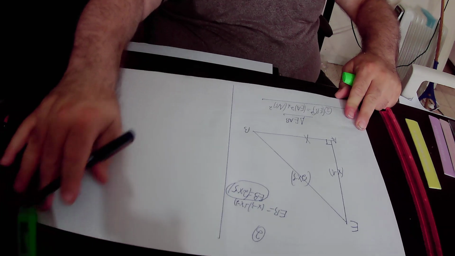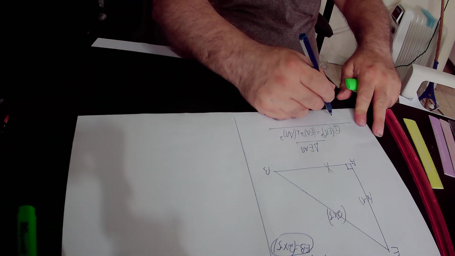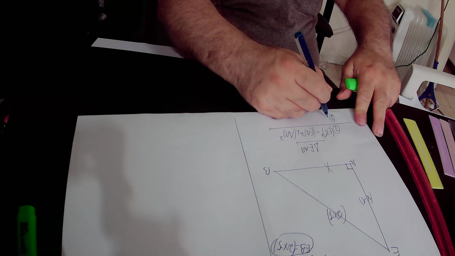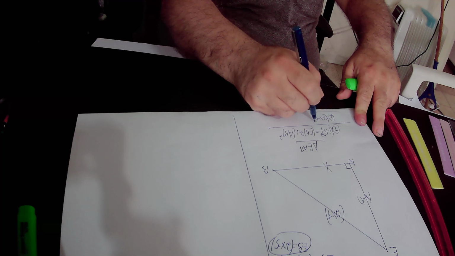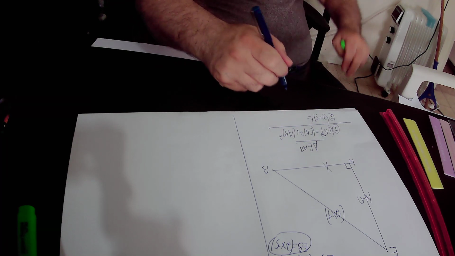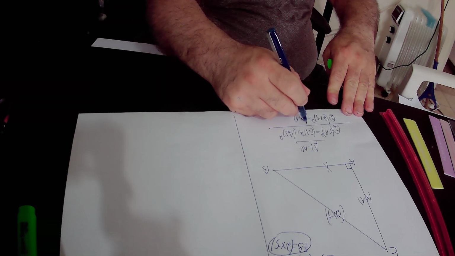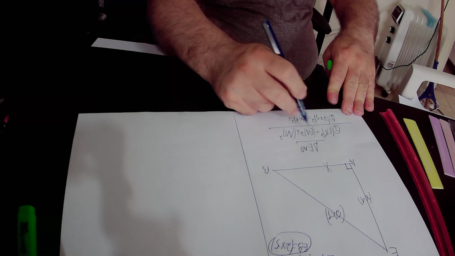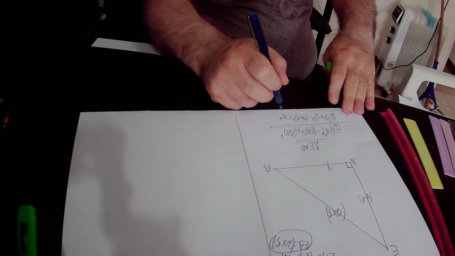EB equals 2x minus 5, so we substitute EB by 2x minus 5, and EB square equals 2x minus 5 square, that is equal to EA square. EA equals x minus 1, so EA square will be x minus 1 square, plus AB square. AB equals x, so AB square will be x square.